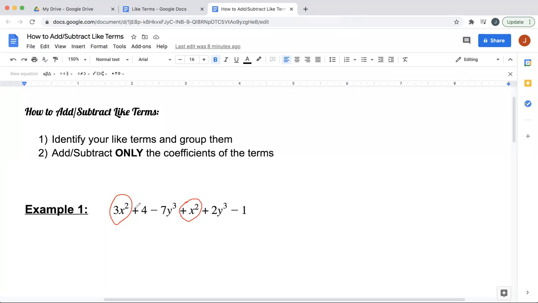But here I have a pair of like terms, which are 3x to the power of 2 and then positive x to the power of 2. The second pair of like terms, I'm going to circle them in orange, and those would be positive 4 and negative 1 because those are just integers. They don't have a variable. So technically speaking, I can add them or subtract them.